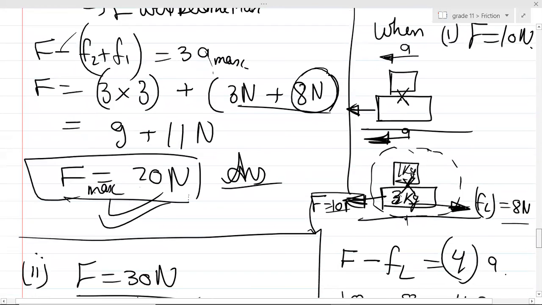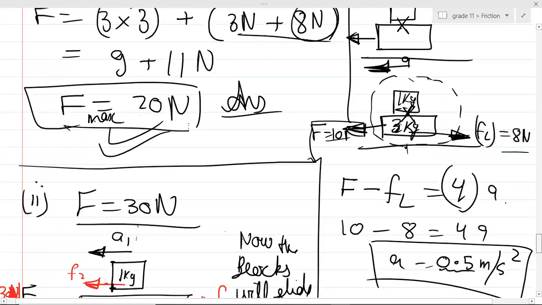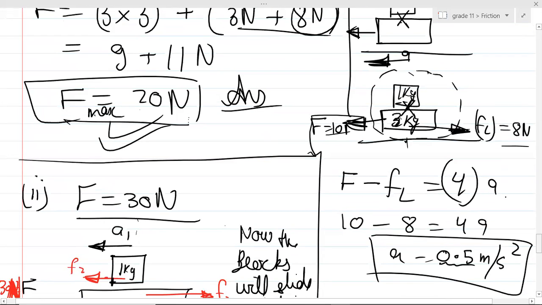Then do this: when F is equal to 10 Newton, what will happen? And when F is equal to 30 Newton, then what will happen? And then I'll give you some questions for homework. Chalo, likho. And then give me 2 minutes. I'll just flash it now.